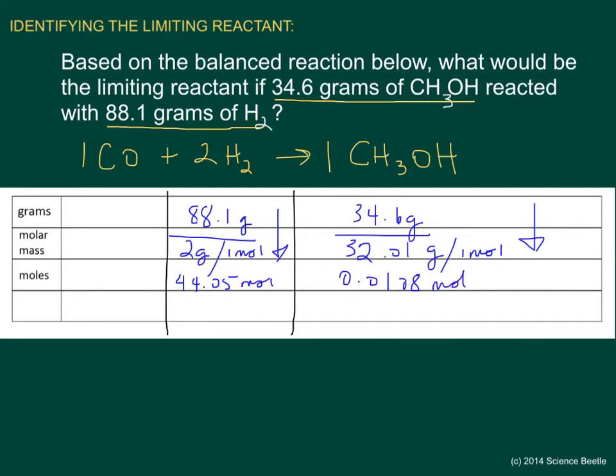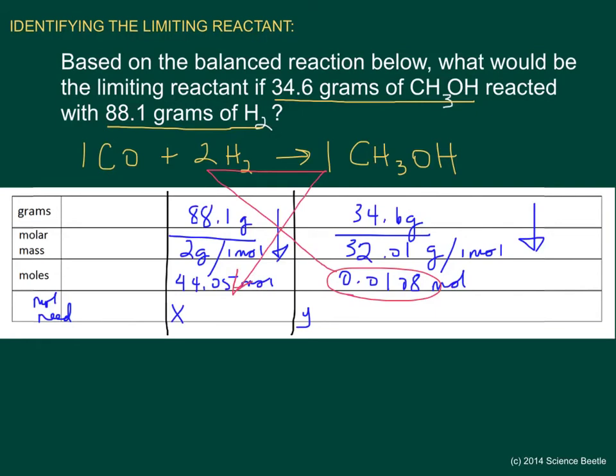All that's left to do now is to identify the moles that I need. This is the moles that you need here at the bottom. All I'm really trying to do here is solve for what would be the X and the Y. The way we do that is to take the 0.0108 and multiply that times 2 divided by 1, and that'll give me the answer that I want.